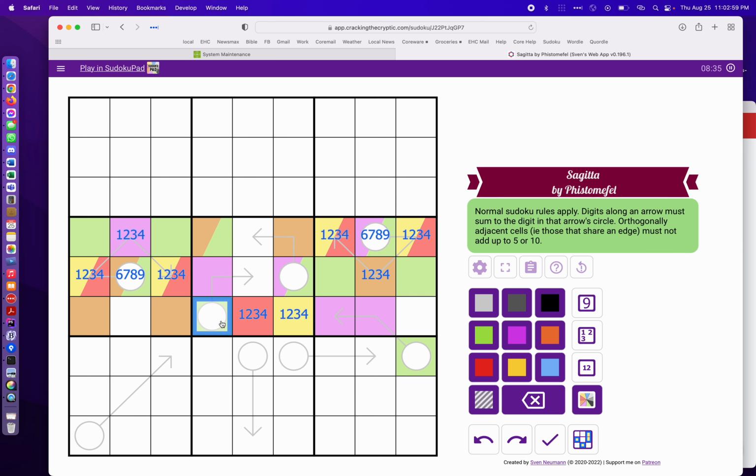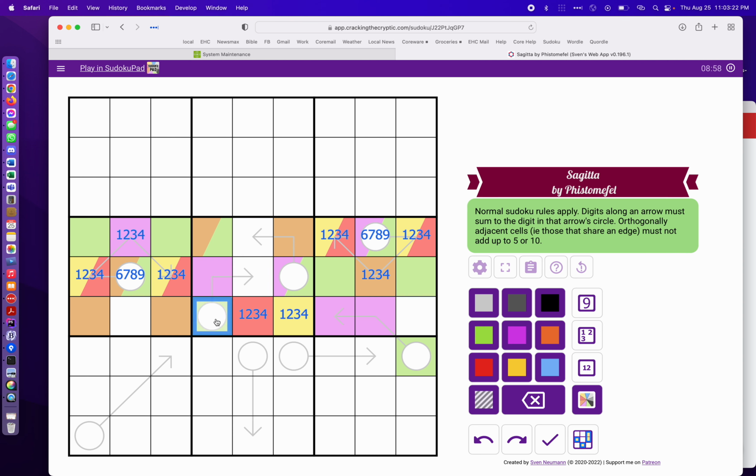So in this central box, we still have to place a high red, a high yellow, and a 5. So this can't be a 5, obviously, because those two would be adjacent and would add up to 5.